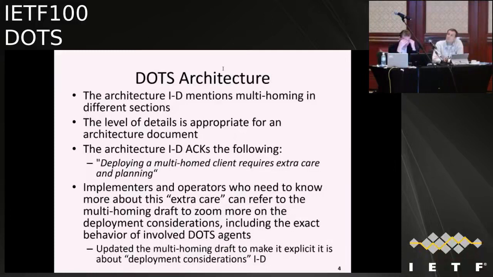The current discussion in the individual document which describes the multi-homing zooms in on this part, to provide some guidance to implementers and to operators on how they can operate the DOTS clients in multi-homing situations. So these are, for me, complementary discussions. The current one, which I see as sufficient for an architectural document, is already there, and the other one is in the individual document. Next slide, please.